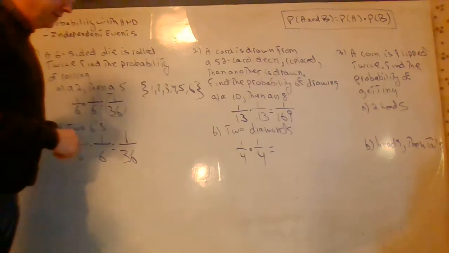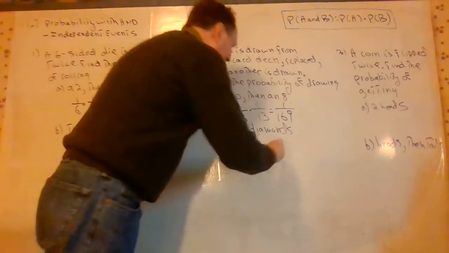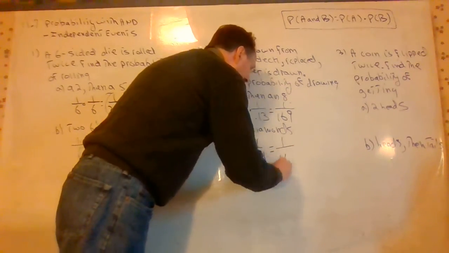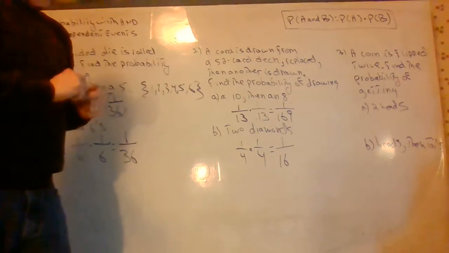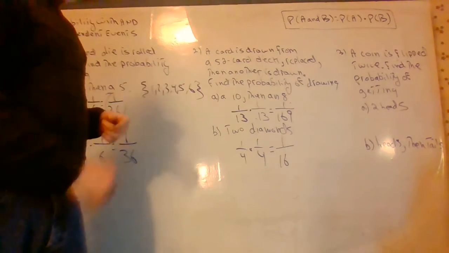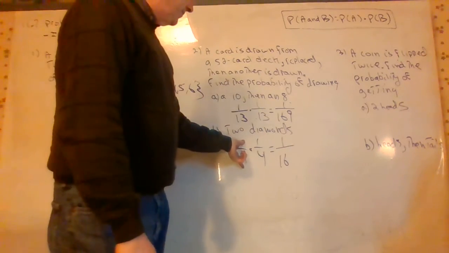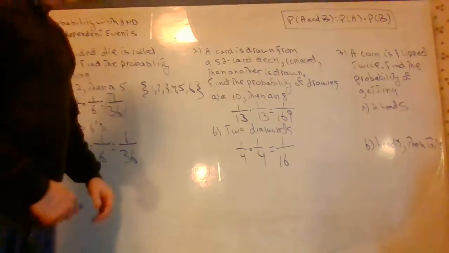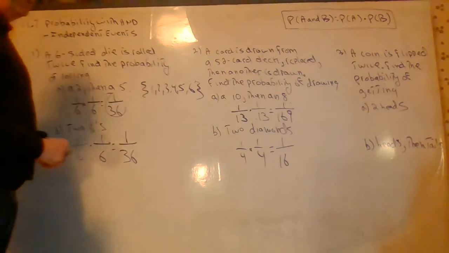So that's why they're independent events. A fourth of a fourth is 1 over 16. Now, if we drew a card out, kept it out, and drew a second one, then of course, if you drew a diamond on the first outcome, you have less diamonds on the second. That would influence the second one.